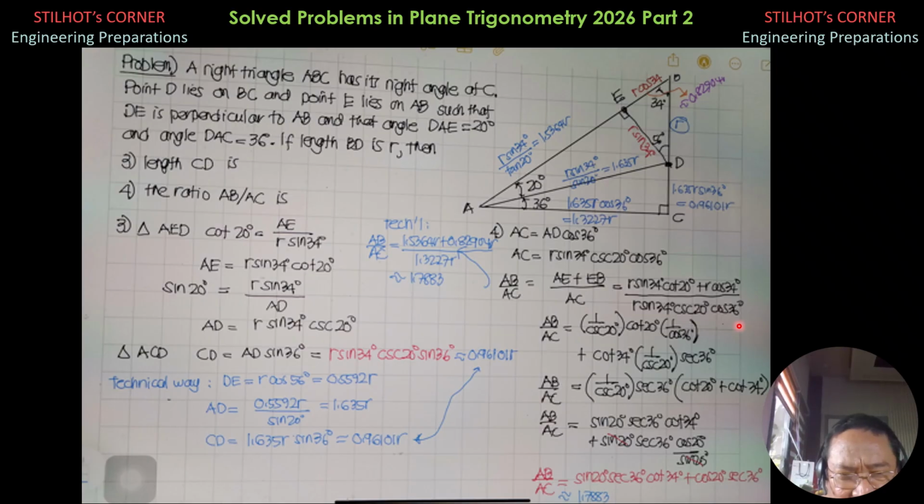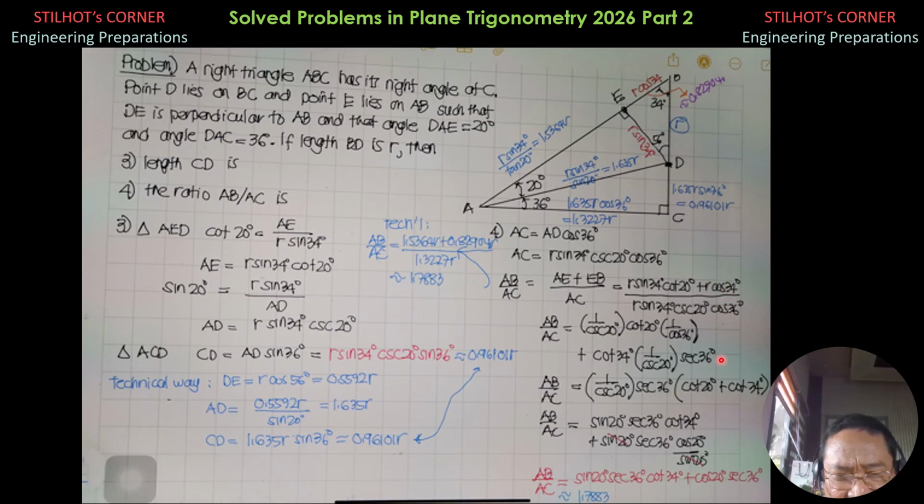So if we simplify, this first term divided by the whole denominator, we can cancel sine 34. So we have left 1 over cosecant 20, then cotangent 20, then 1 over cosine of 36. For the second term, cancel out r, so we have plus cosine 34 over sine 34, which is cotangent 34, then 1 over cosecant 20, then 1 over secant of 36 degrees.